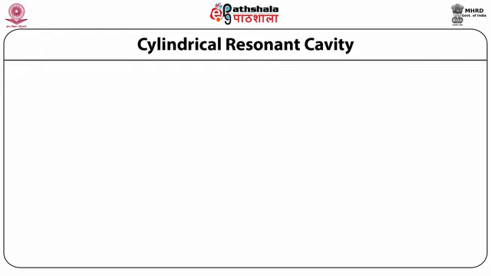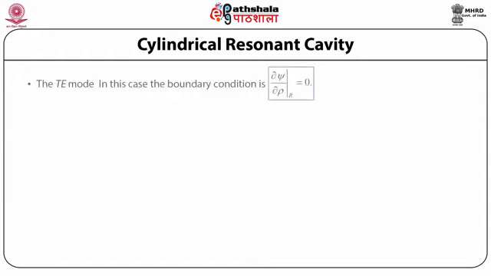Cylindrical resonant cavities. Let us look at the case of the transverse electric modes. So again, considering the boundary condition, which is given by the partial derivative of the wave function with respect to rho at the boundary of the cylindrical resonant cavity, that is at rho equal to R, is equal to 0.